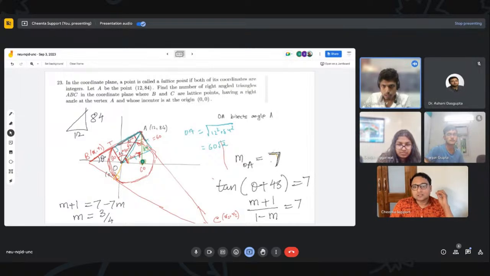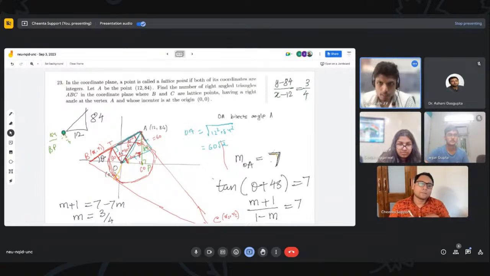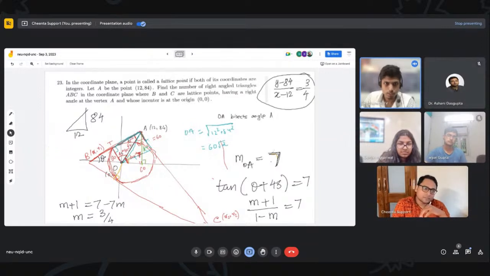Then y minus 84 by x minus 12 is 3 by 4. So we just have to find the integral solutions, like a Diophantine equation. How to find the integral solution?